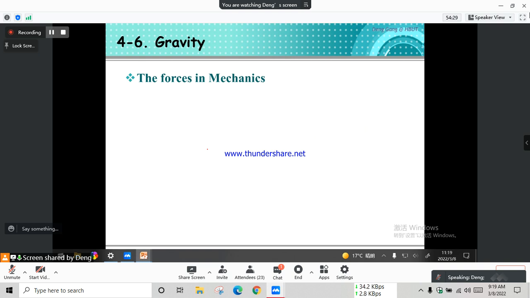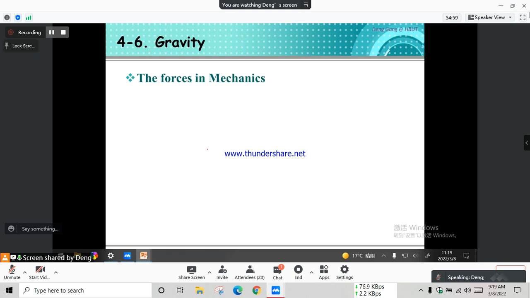For example, in the second law, F is the force. We want to know the feature of each force so that we can use the right equation instead of a simple letter F in that equation. So in this section, we are going to investigate the forces in mechanics.